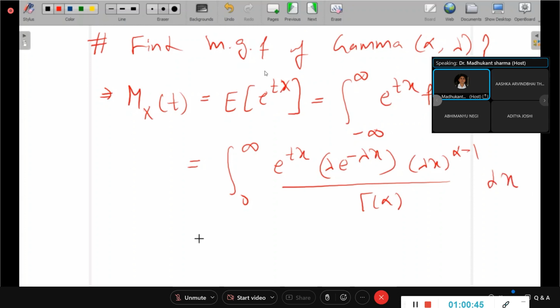Now this is equal to lambda by gamma alpha. Lambda is out from here, and lambda to the power alpha minus 1 is out, so lambda to the power alpha is here. What is remaining is the integration from 0 to infinity of x to the power alpha minus 1 times e to the power tx minus lambda x, so I am writing it as t minus lambda, times x, dx.